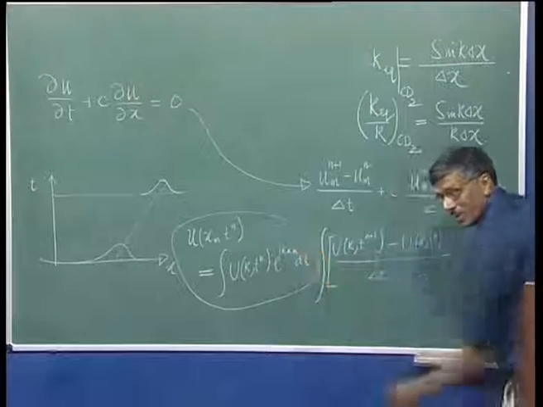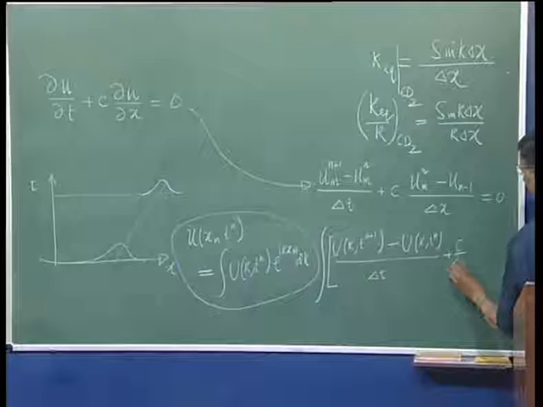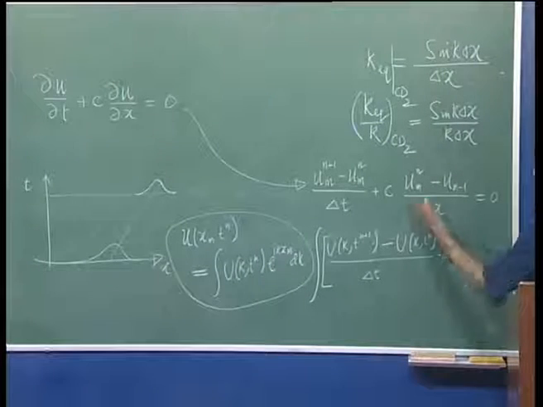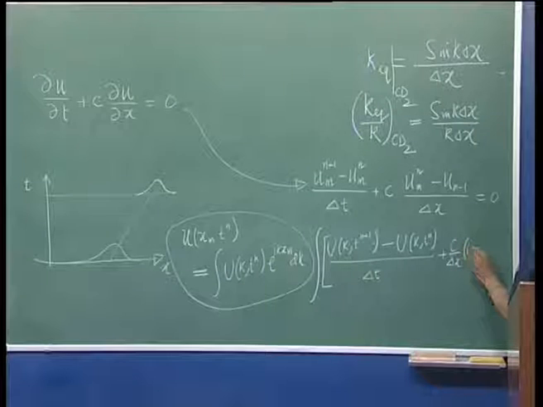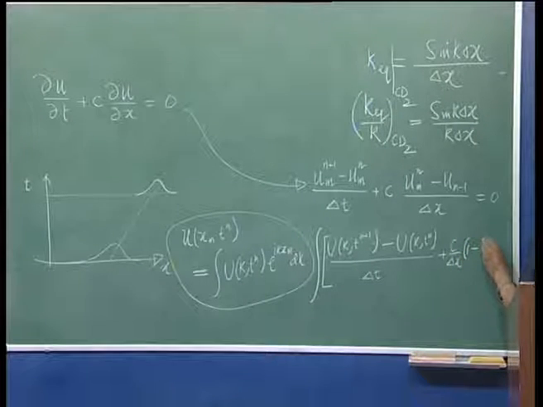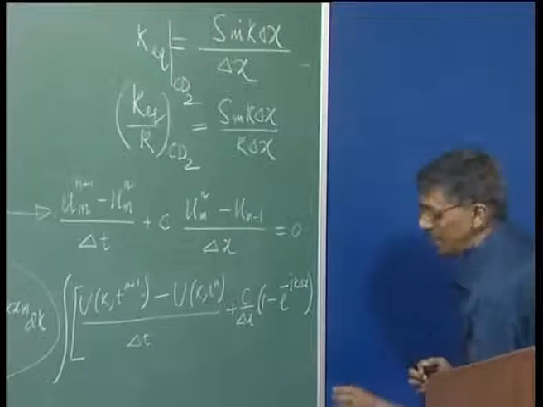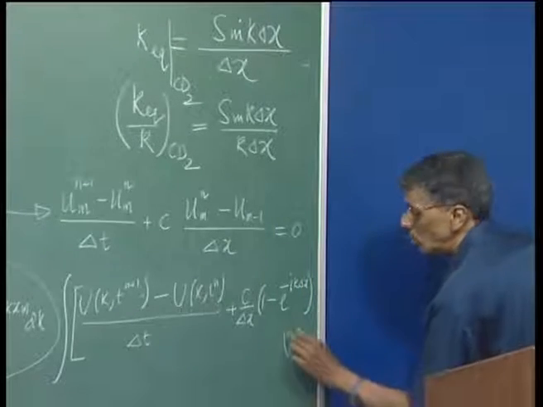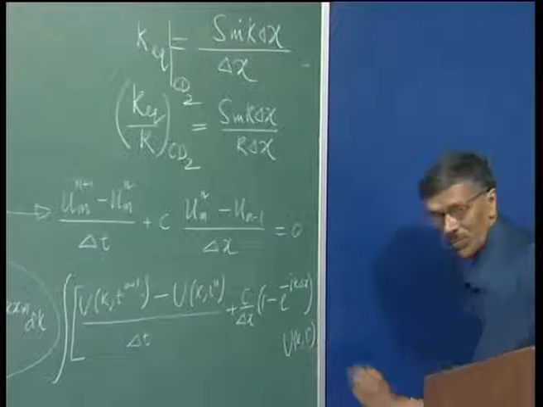We are performing the integral over all k, and so here I am going to get c by delta x times (1 minus e to the power minus I k delta x) into u of k, t n.